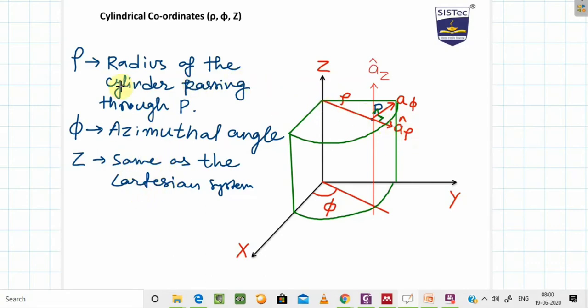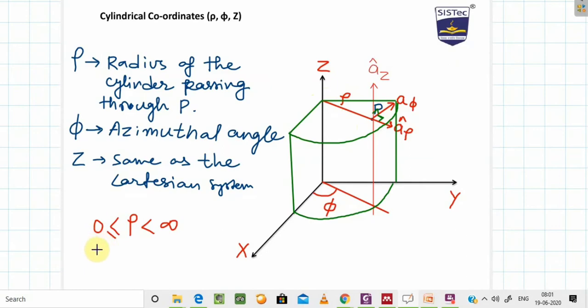So the range of rho will be from 0, including 0, to infinity, because it is the radial distance from the z-axis to the point P.